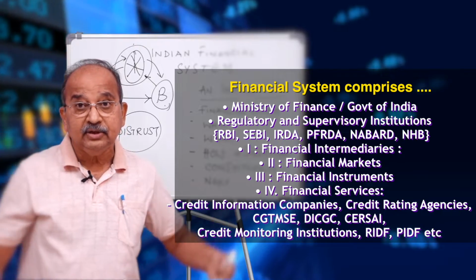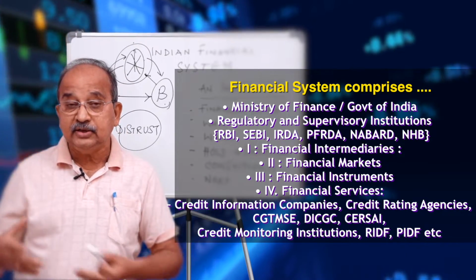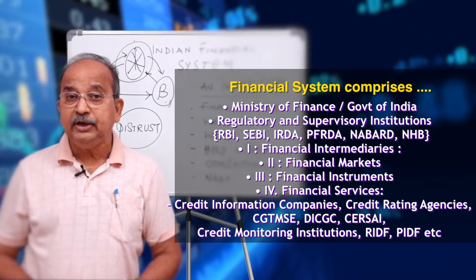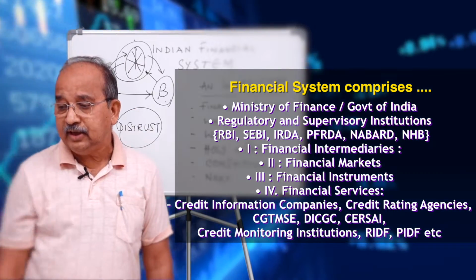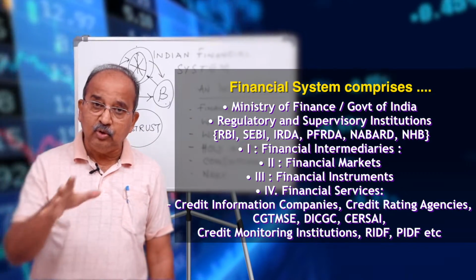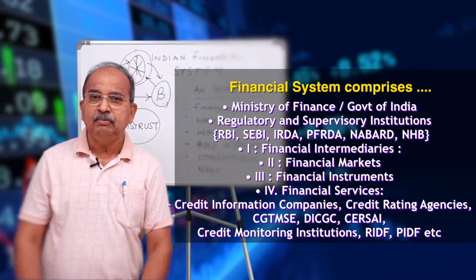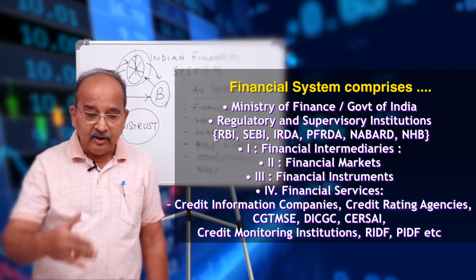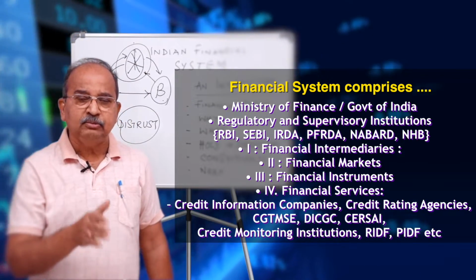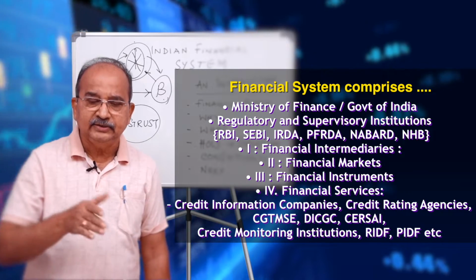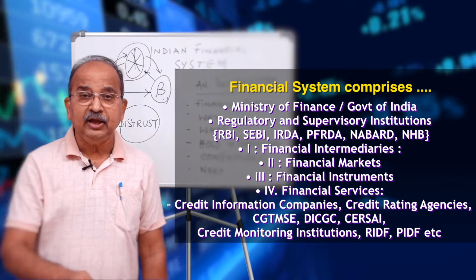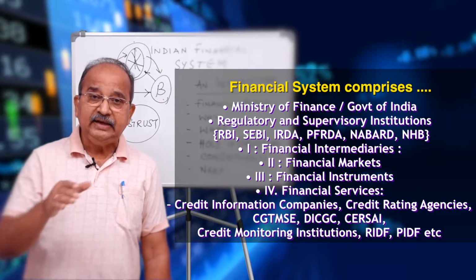Second, when money is there, naturally there is a need for money, and therefore there is a market requirement. So the second pillar is the financial market. The third pillar: to make this movement possible, there is a cheque, a deposit receipt, a share, a bond, a debenture.